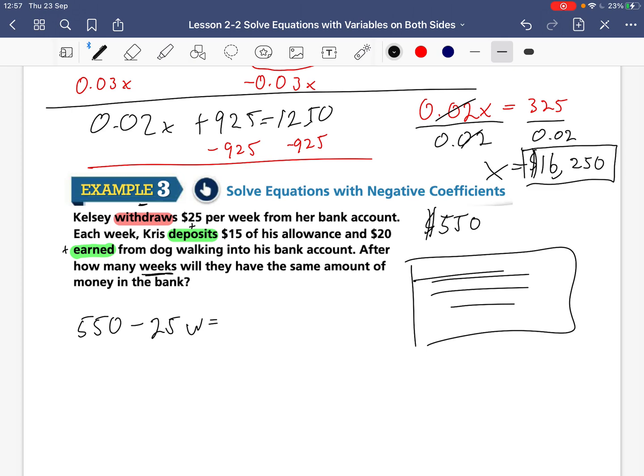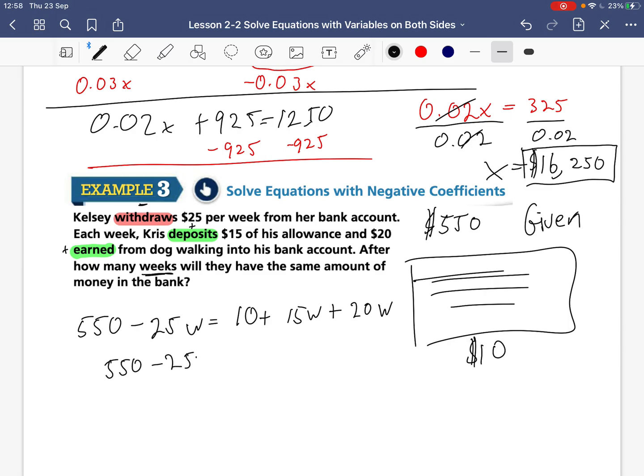Chris had a previous balance of $10. This is all given here, okay? I forgot to copy this. So equals 10 plus 15W plus, because that's how much his allowance is each week, 20W. So we can solve for W here.